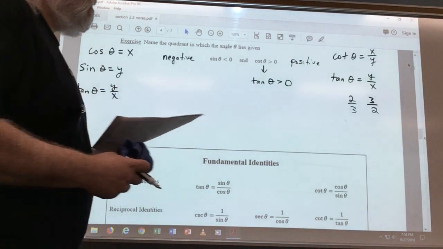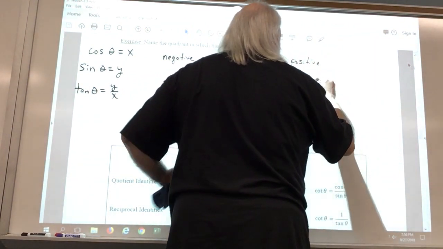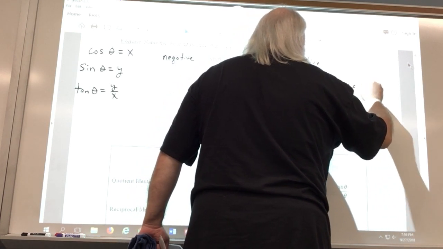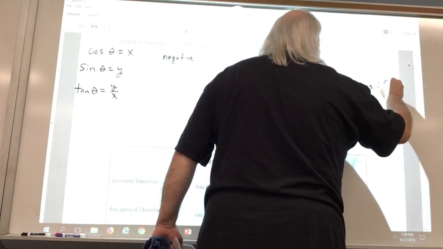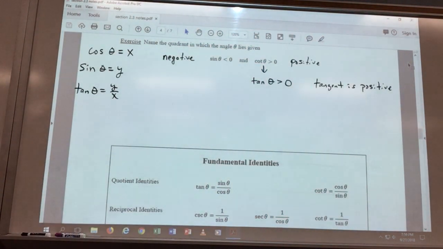Okay. So we can conclude that the tangent function is positive, has a positive value in this example because the cotangent function has a positive value in this example.